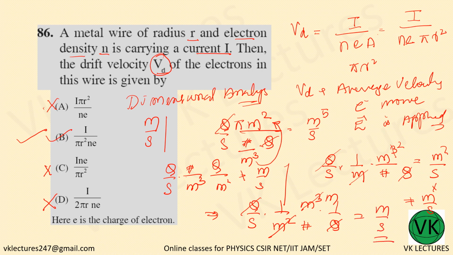So your answer is option B. This is how you can get to the answer even without knowing the actual formula. So please try to use dimensional analysis whenever you are not able to get anything out of the question.